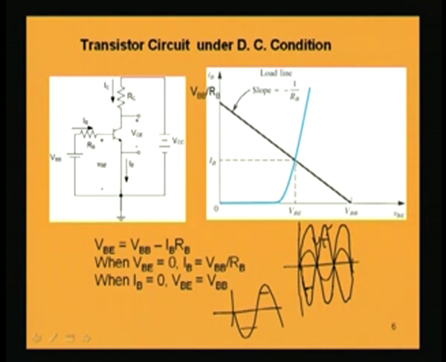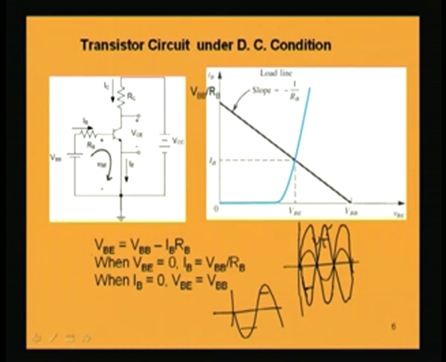This point will give you the value of the DC voltage and the DC current in the input circuit, which is the base emitter circuit. So, in this circuit, what is the value between base and emitter and what is the base current? That is known by this point, which is the intersection of the input characteristic and the input circuit load line.